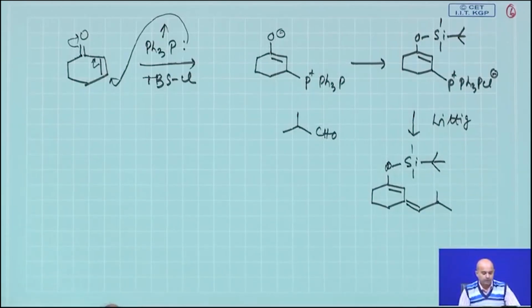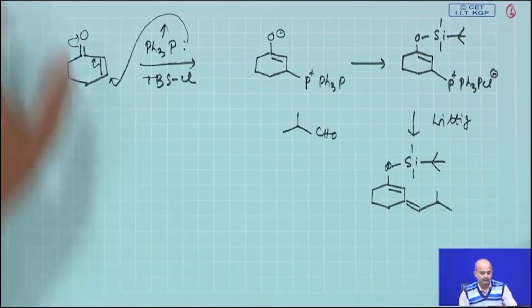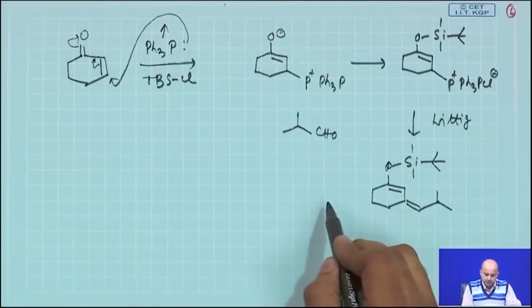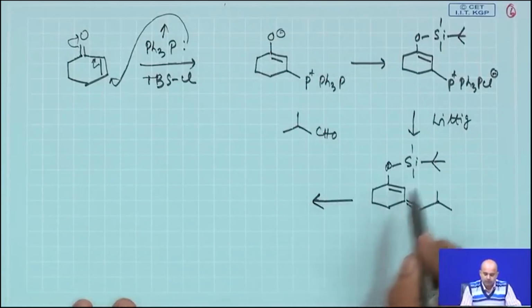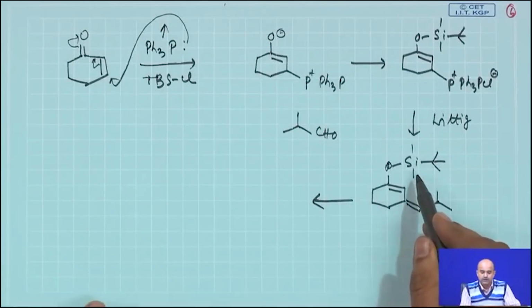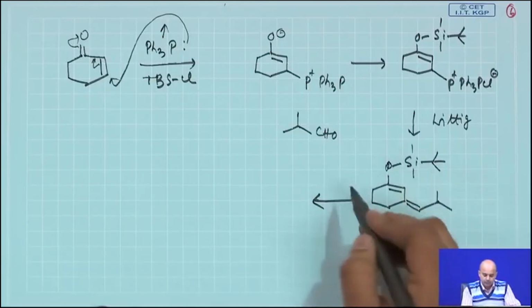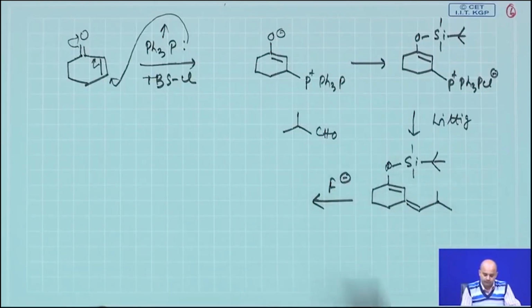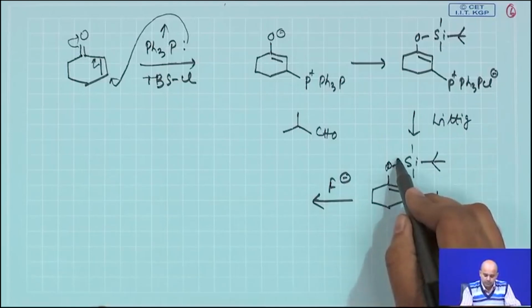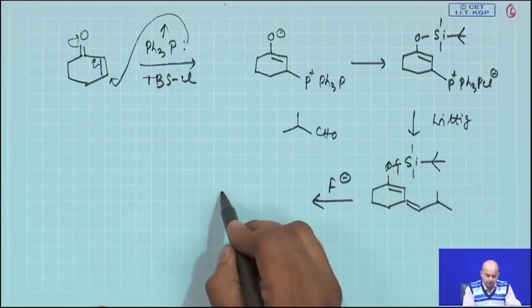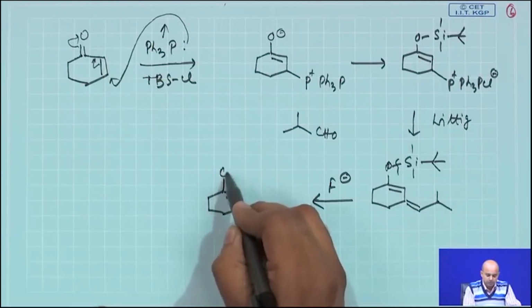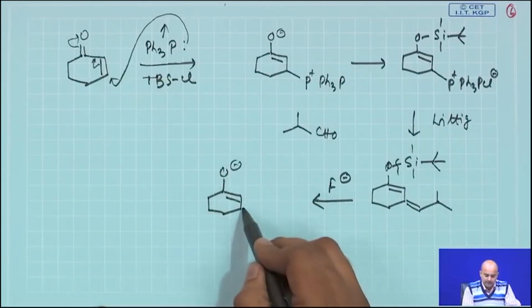Now, try to correlate with this target. The target was basically this. So, this silyl enol ether now needs to be hydrolyzed, because in the final target the silyl ether is not there. So, what you do, you basically cleave it with a fluoride source. The fluoride source takes the silicon, forming the silicon fluorine bond, and will basically give you the enol back.